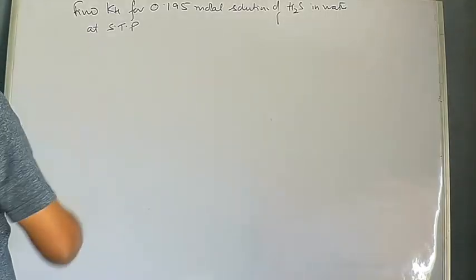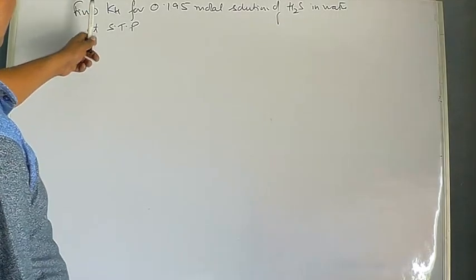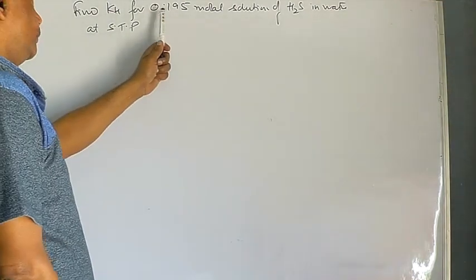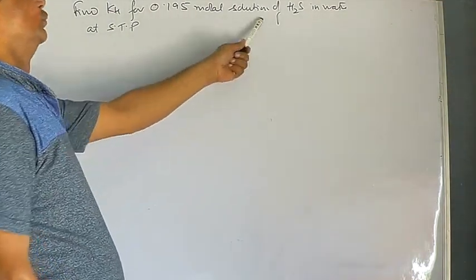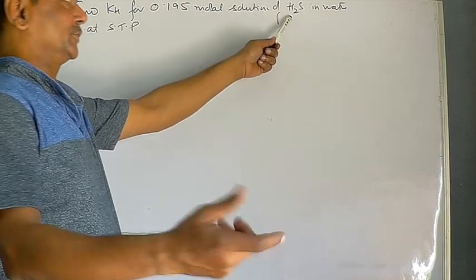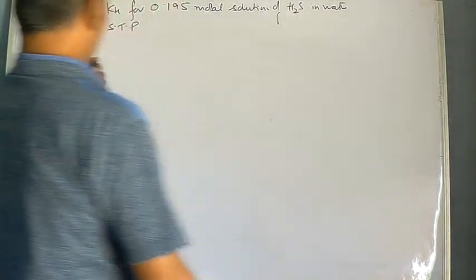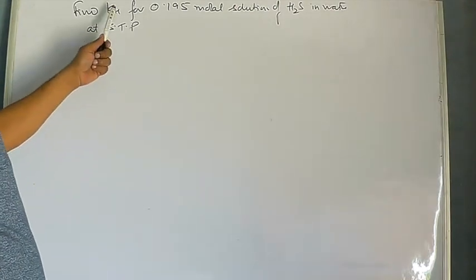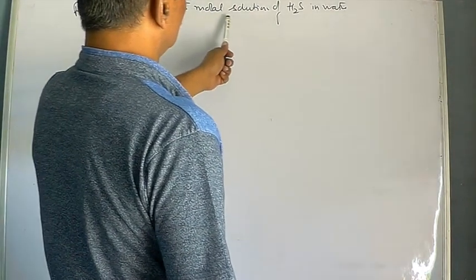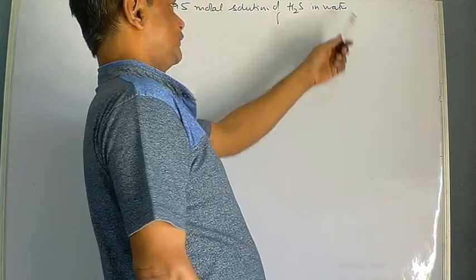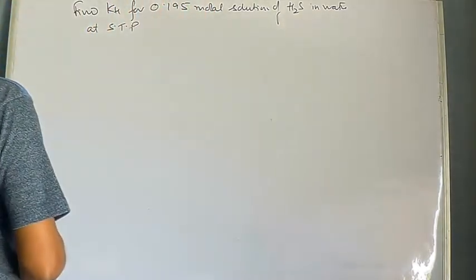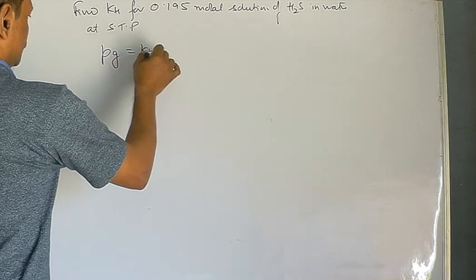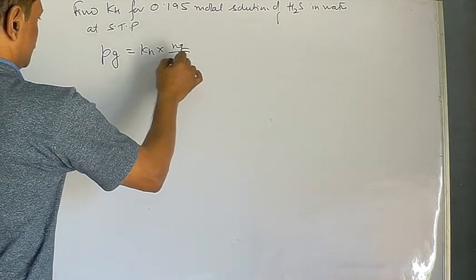The numerical is already on the board. The numerical says find KH, remember Henry's constant, for 0.195 molar solution of H2S, you all know H2S is a gas, in water at STP. So we'll use Henry's law, Pg equals KH into Ng upon Nl.